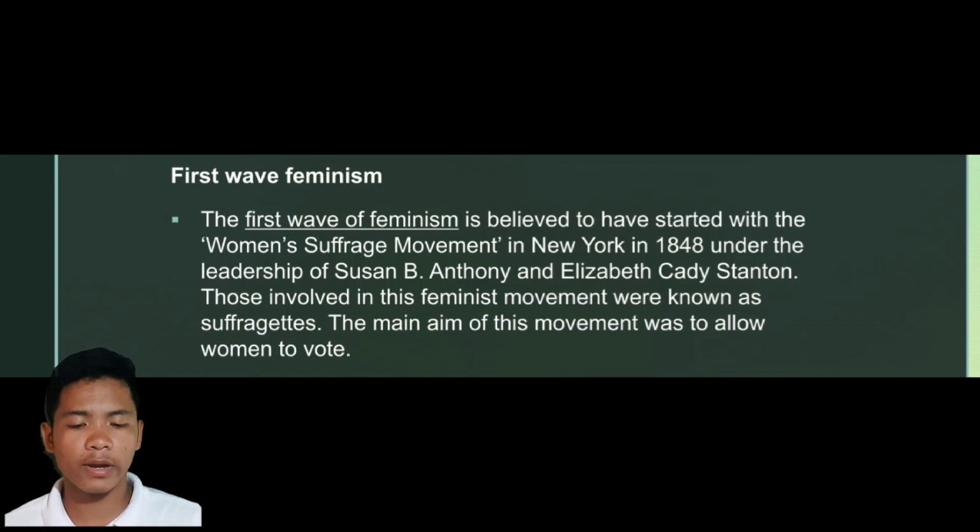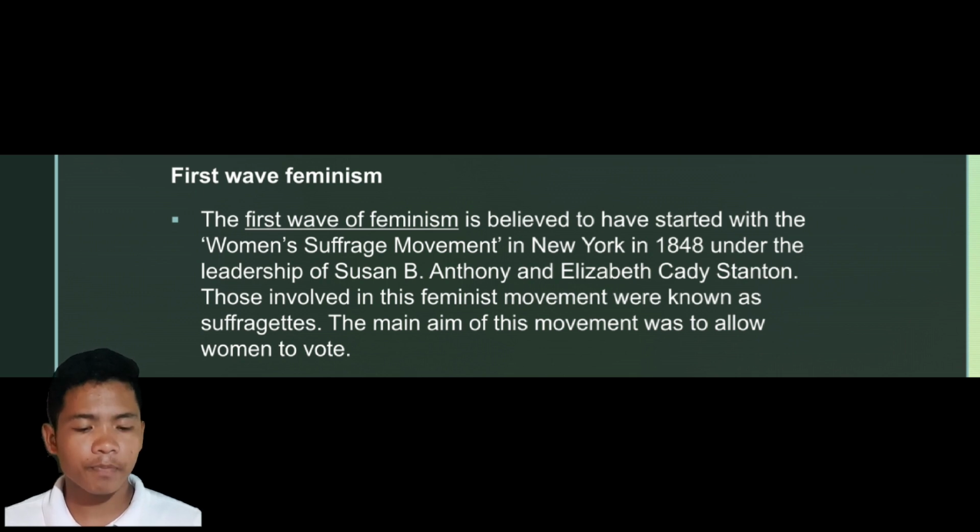So, first wave feminism. The first wave feminism is believed to have started with the women's suffrage movement, or women's suffrage, which is the right of women to vote. The women's suffrage movement began in New York in 1848 under the leadership of Susan B. Anthony and Elizabeth Cady Stanton.